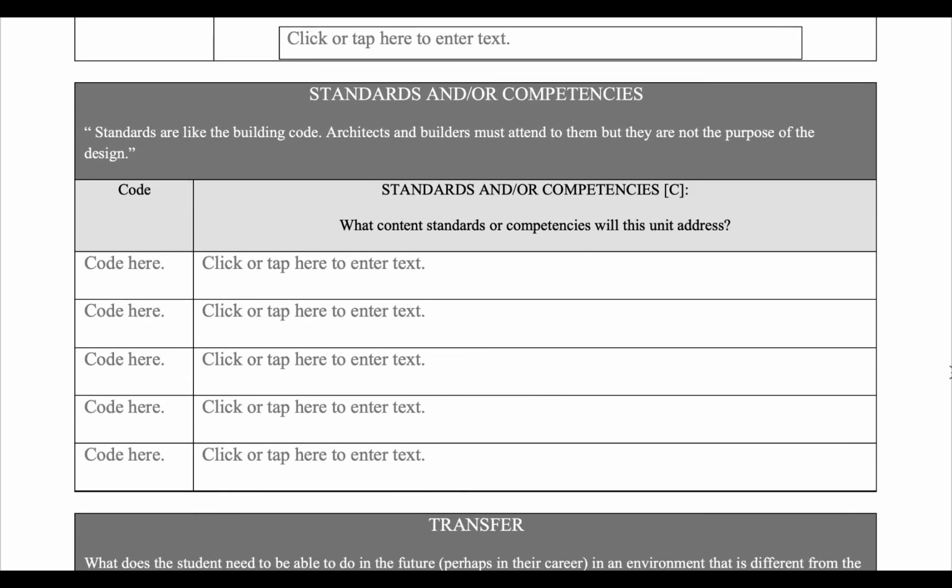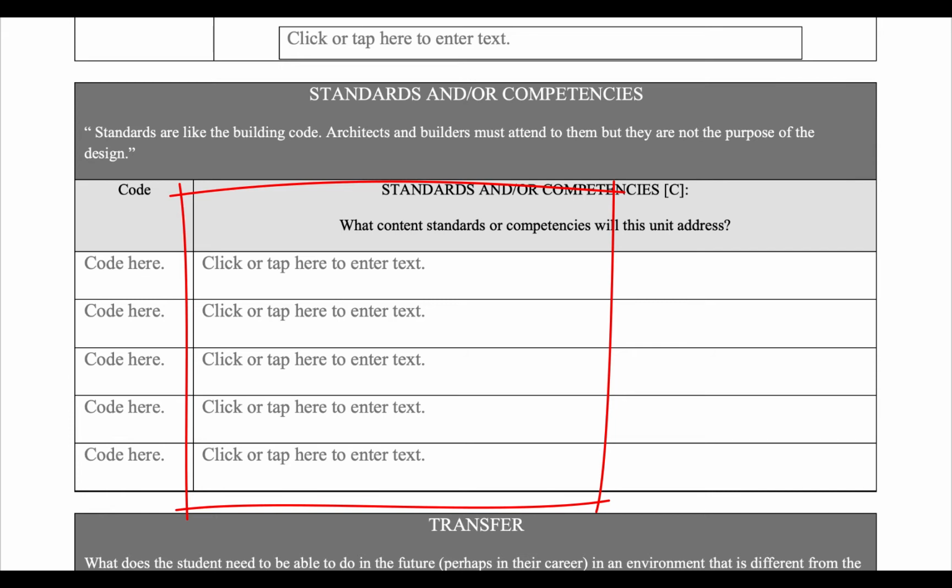So like we said, the next stage is to use these competencies. And we need to select competencies that will apply to this unit. Usually you'll find a large list of 15 or 20 competencies. We're only going to choose the ones that will directly apply to this unit. So again, we're working backward, right?